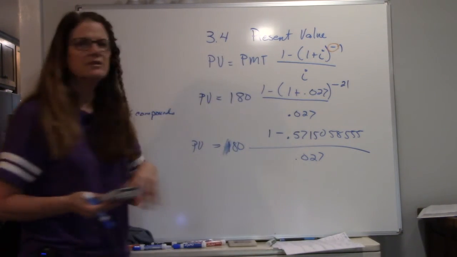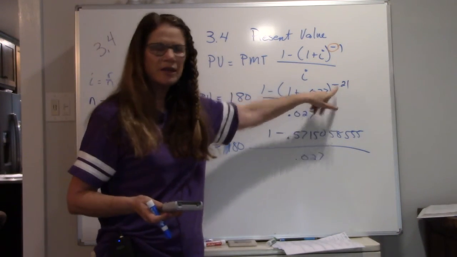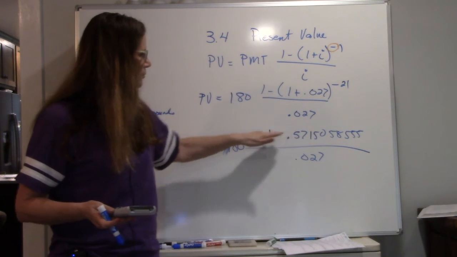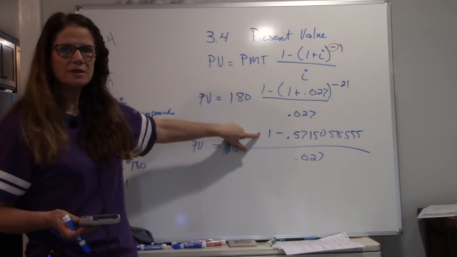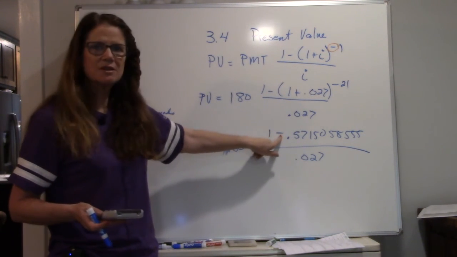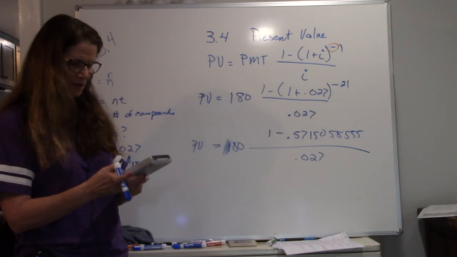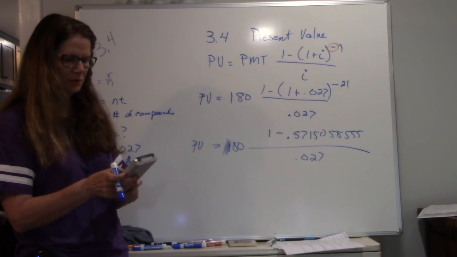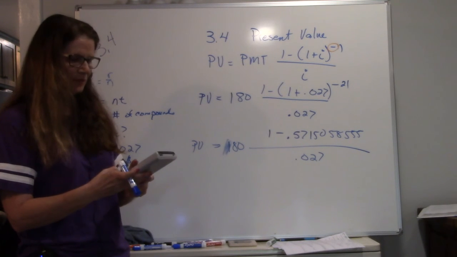Now this is another mistake that is easy to make. The first one is forgetting the negative on the exponent. The second one is not doing 1 minus 0.57. In the present value case, the one is positive and the 0.57 is the negative. So you're going to go back to here and do 1 minus 0.5715, and don't round yet. Oops, hang on, hit the wrong button. Okay, equals.